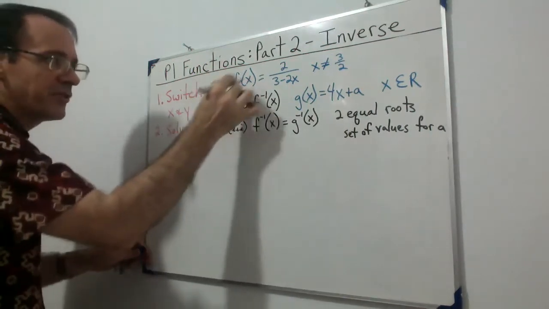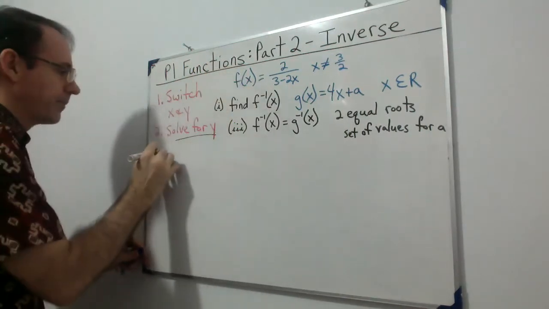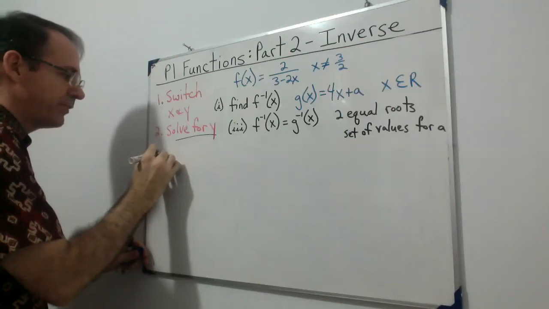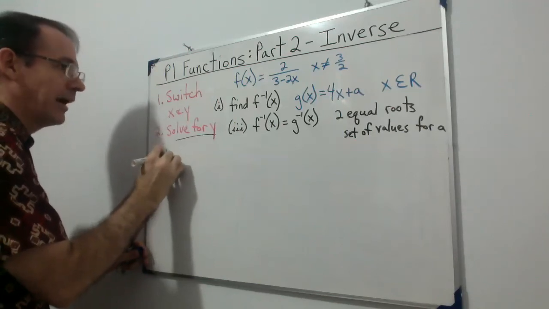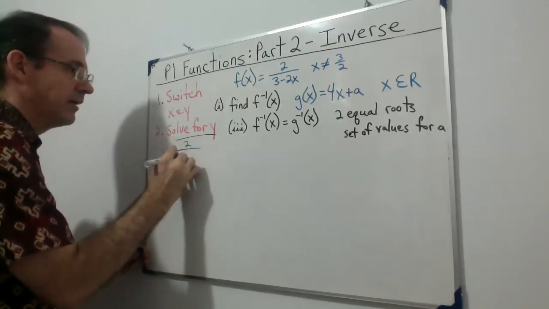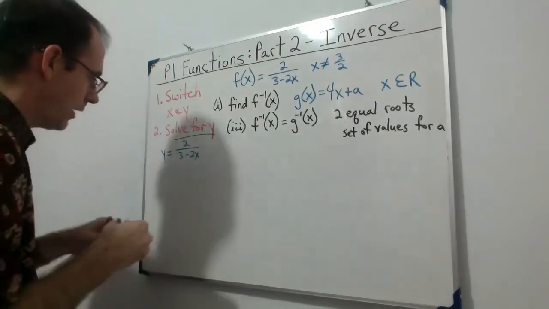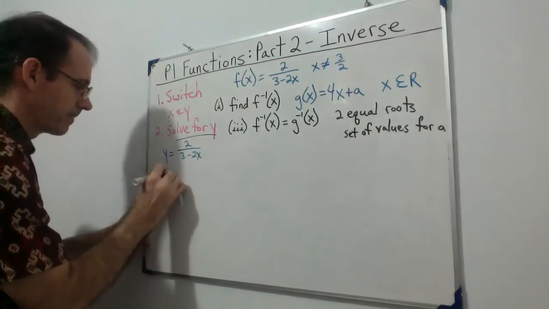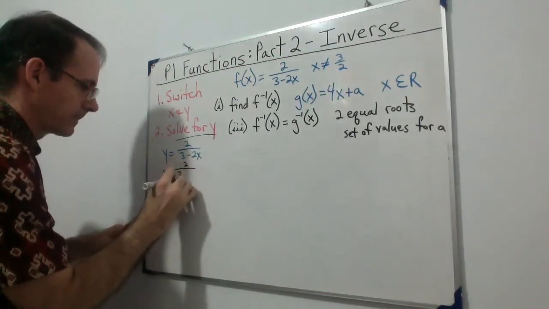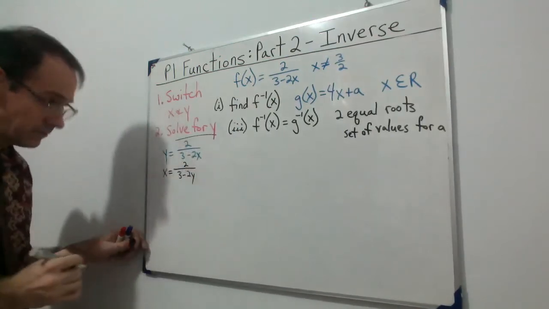So remember, this is our y. And we're going to replace our, I'll just write y equals 2 over 3 minus 2x. So we switch x and y. Right?